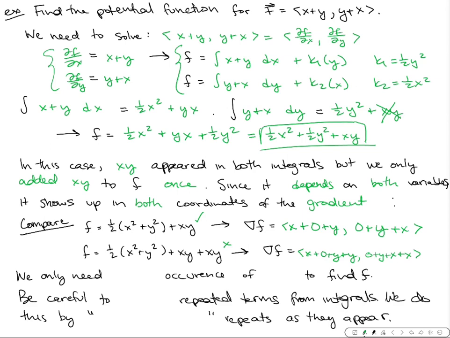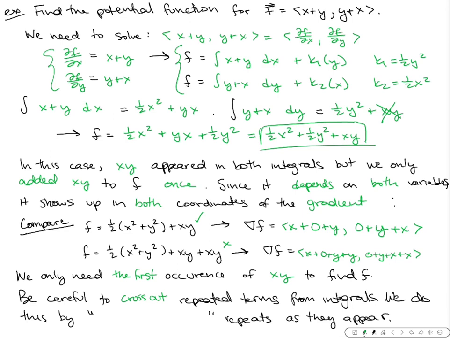So the important takeaway here is that we only need the first occurrence of xy to fully recover that f. And we need to be careful to cancel, or cross out, I think is the word I used before, so I should stick to that. We need to be sure to cross out those repeated terms when we're calculating our integrals and adding them all to f.